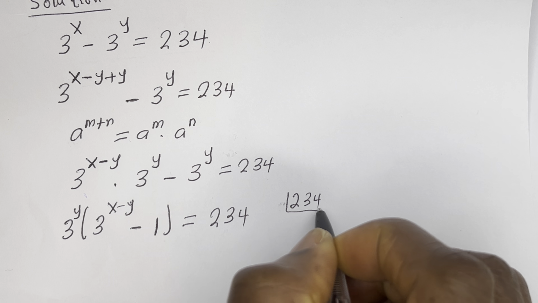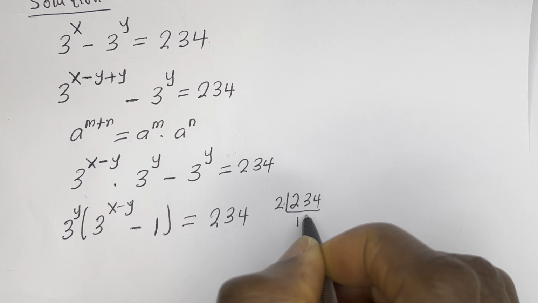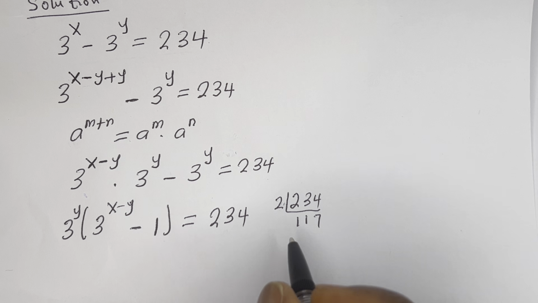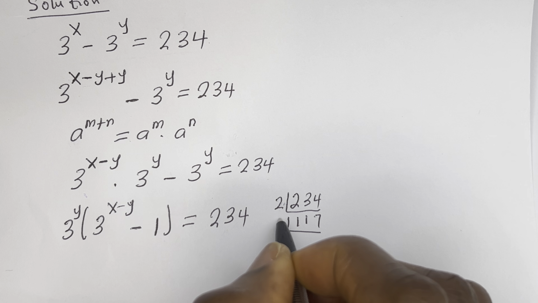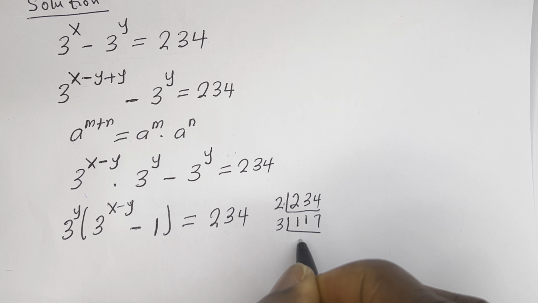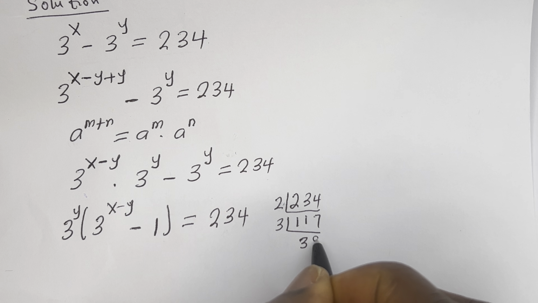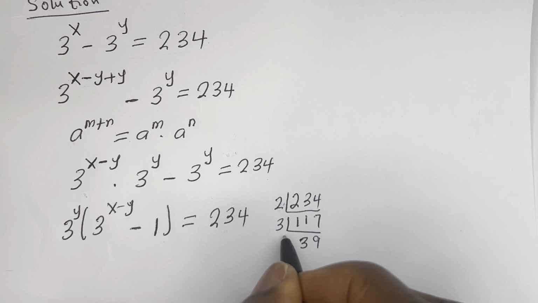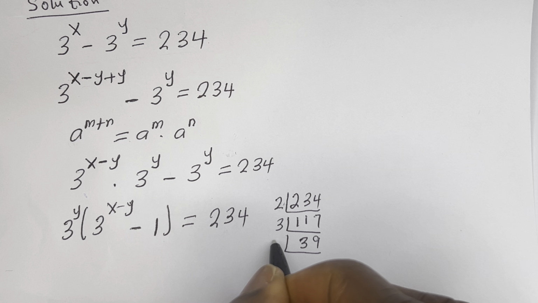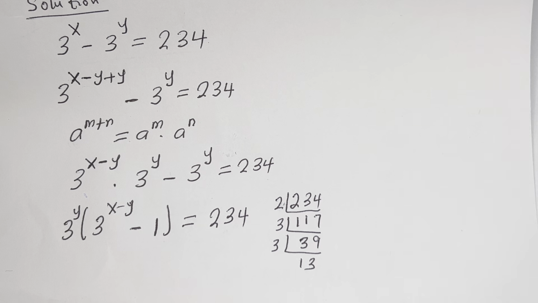Now 234 is divisible by 2. Here is 117. Then it is divisible by 3. This is 39. And this is divisible by 3 as well. There is 13.